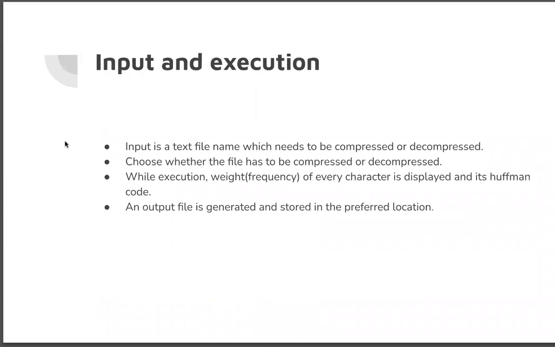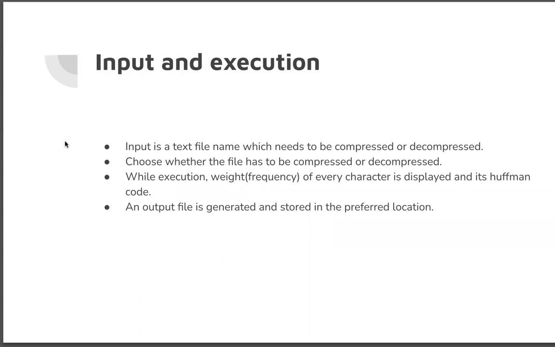Coming to the input and execution, input is a text file name which needs to be compressed or decompressed, and we choose whether the file has to be compressed or decompressed. During execution, the weight of each character is displayed along with its Huffman code. We are also calculating the compression ratio, like how many bytes are there before and how many bytes are there after the compression.